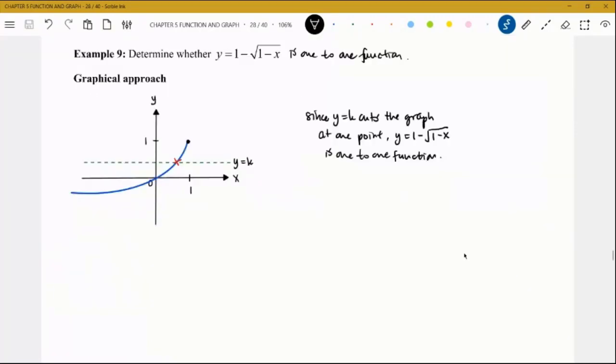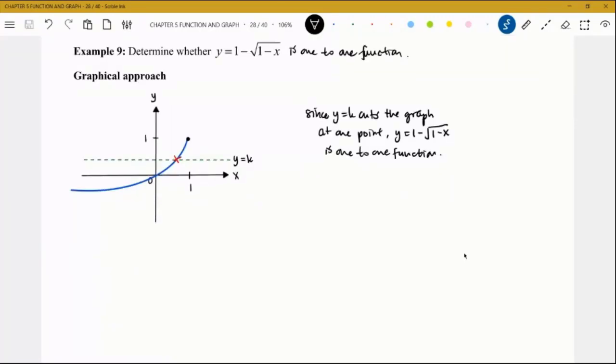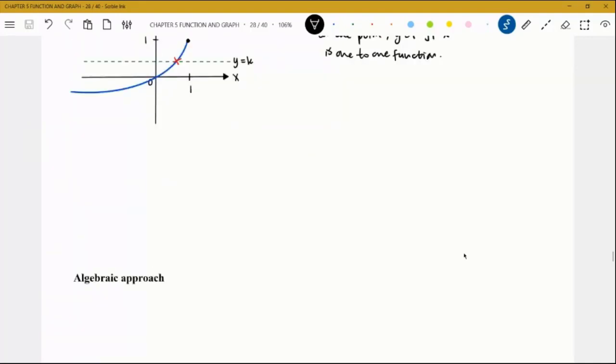And then we move to the algebraic method, which is we're gonna have to let x1 and x2 element of domain f.